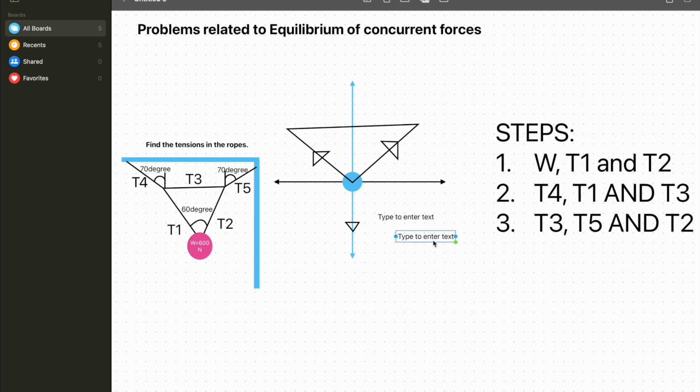So basically if we just type and figure out T1 cosine of 60. Why cosine of 60?